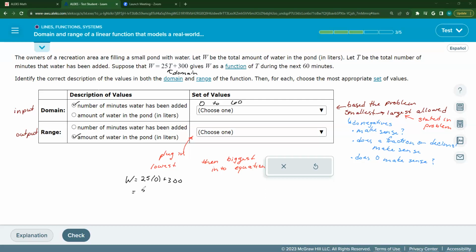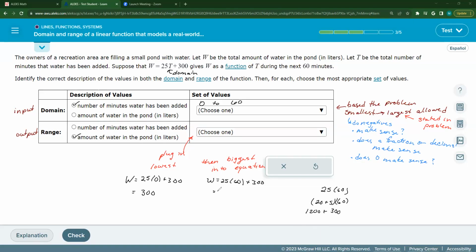So this is going to be 300. And when I plug in the 60, I have W equals 25 times 60 plus 300. So this is going to be 25 times 60, which is 20 times 60 plus 5 times 60, which is 1200 plus 300.